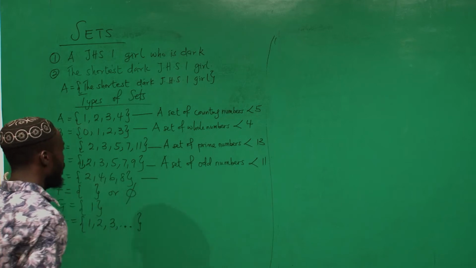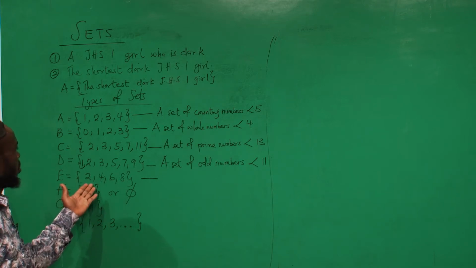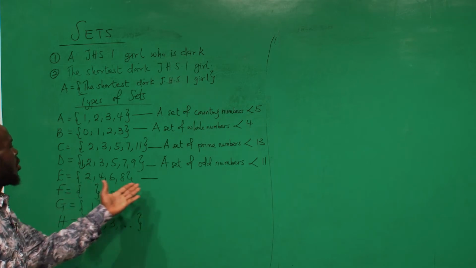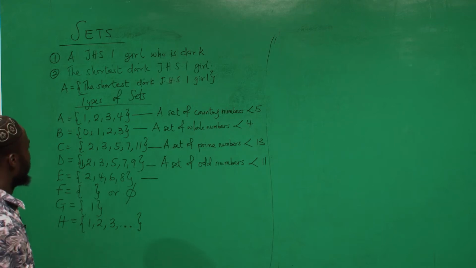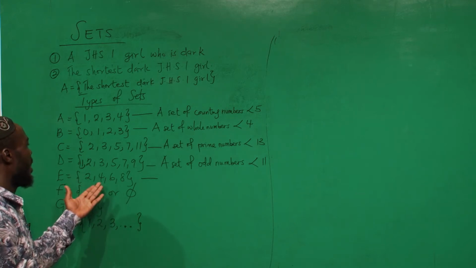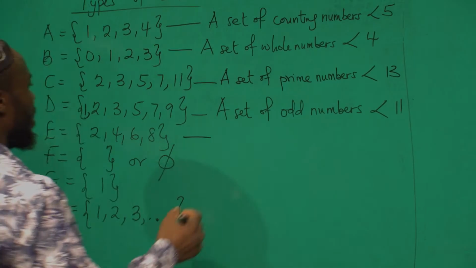What about E? We have 2, we have 4, we have 6, we have 8. A student can write multiples of 2 less than 10. That one too is right. But for the types of sets, we can say that it is a set of even numbers that is less than 10.